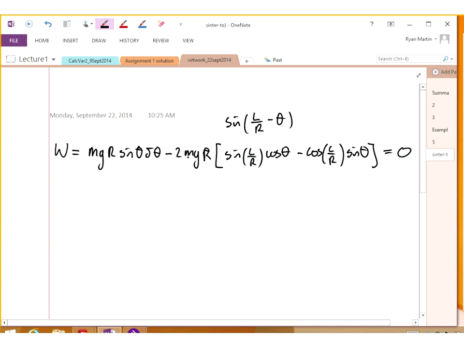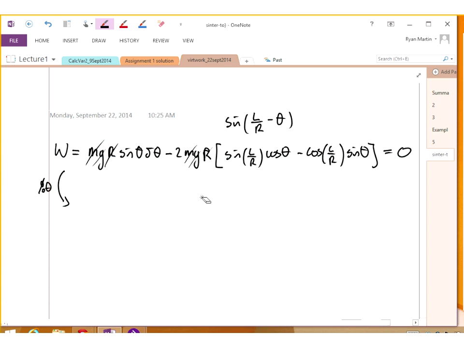So if that's going to be equal to 0, that's a capital R. We can cancel the mgR everywhere, and the delta thetas cancel as well.